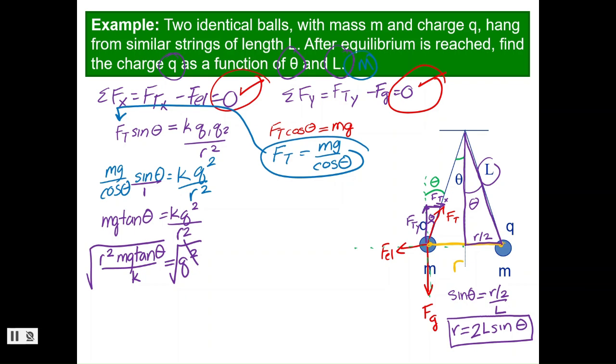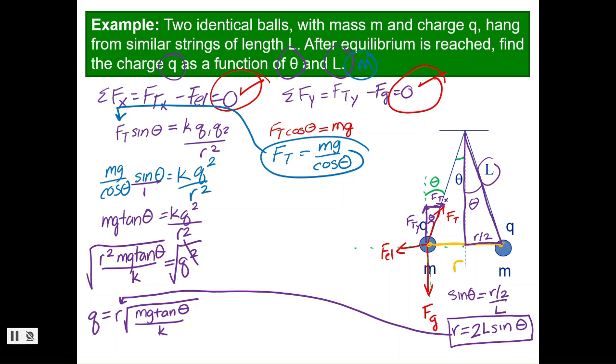I don't know whether these charges are positive or negative, but they both have to be one or the other. So q is going to be the square root of r squared, so I can pull that out in front. So that's going to be r times the square root of mg tan theta over k. And then I can take this guy and plug it in for r.